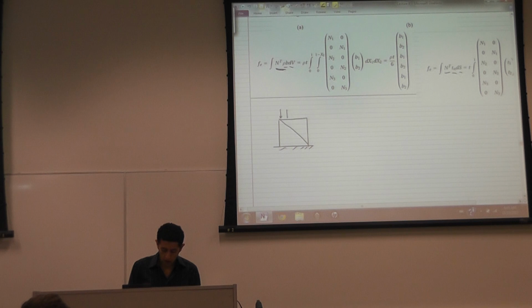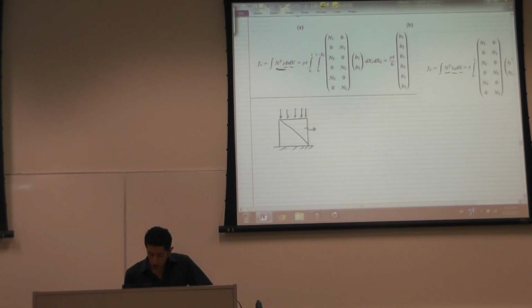So if this is a homogeneous material and you model under this load, this part will be under constant strain, so I can basically use just two elements and I'll be fine.